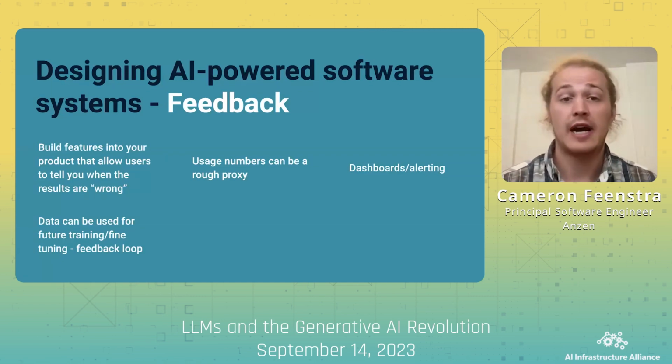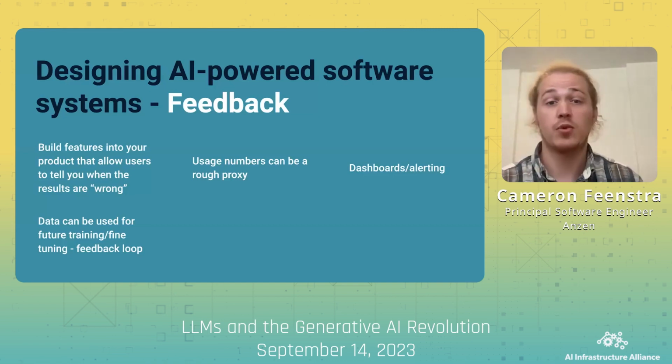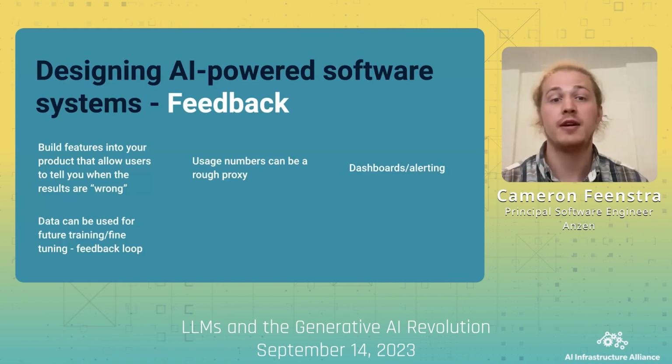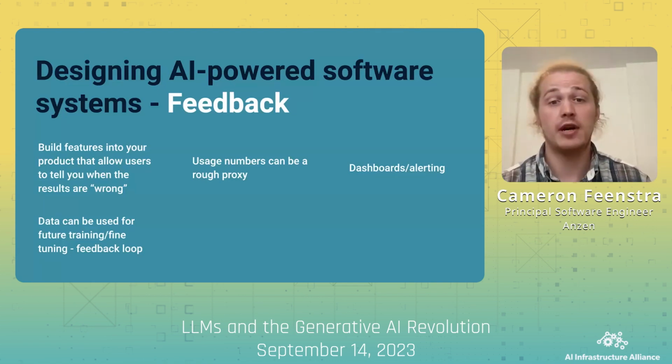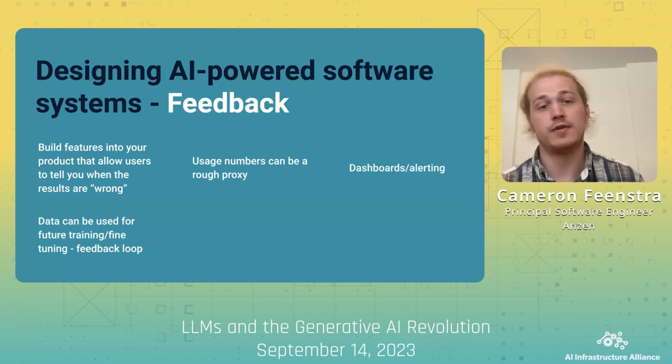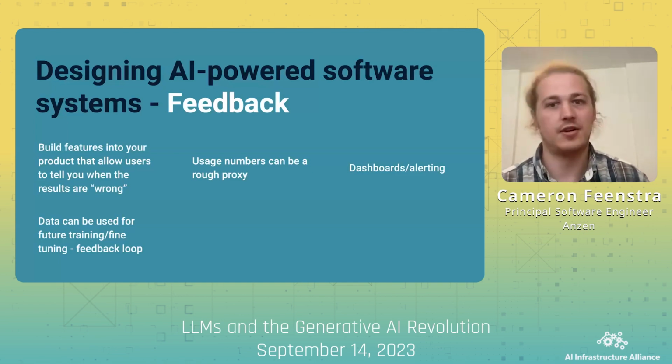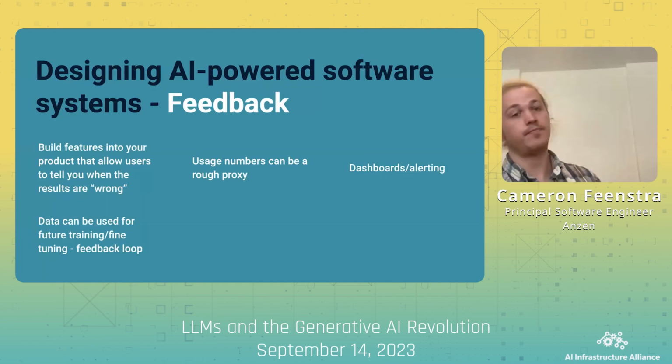So for example, as a user, if I see something that's wrong, I can click a button and report that. And then ultimately, there's some sort of dashboard where as an engineer, I can see all of the things that have been reported wrong, and ideally even alerting based on that, so that if there's a big spike, you can intervene as quickly as possible.